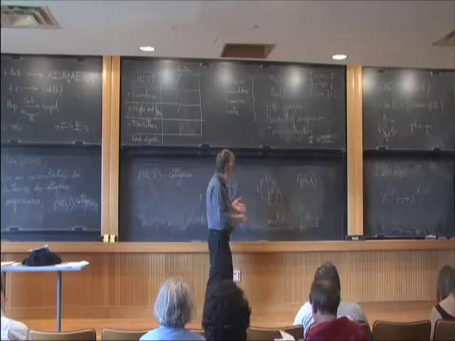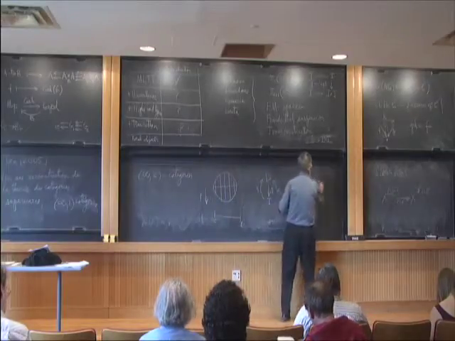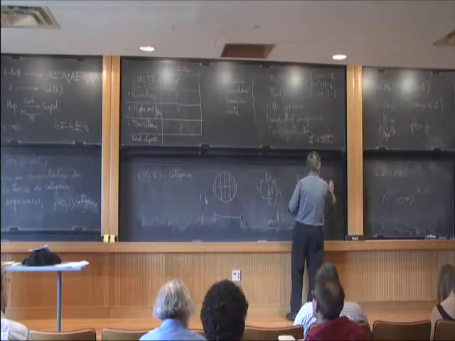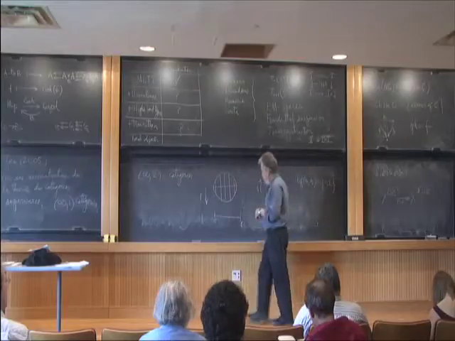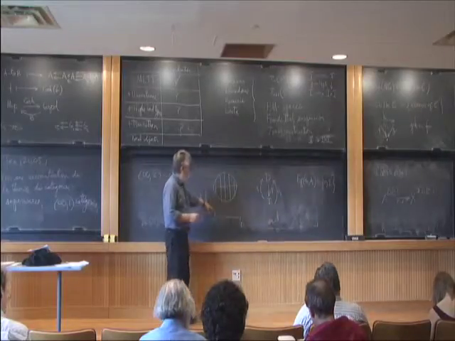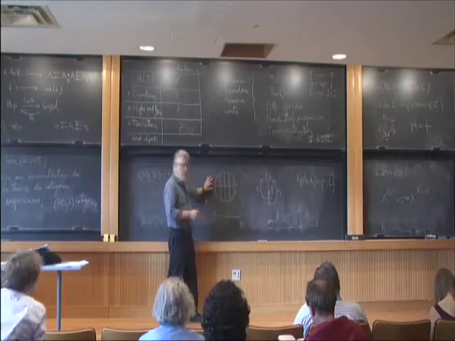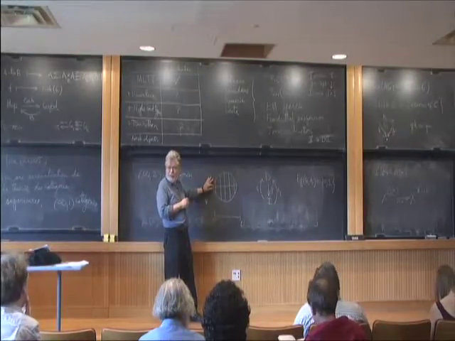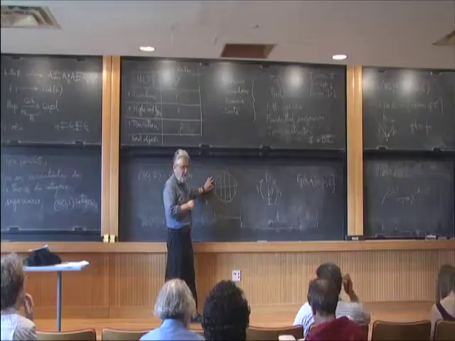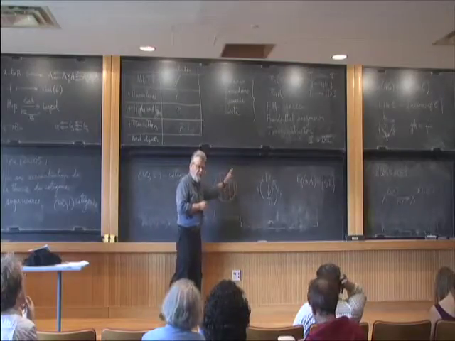We are in H sets. That should be 0, 1. In other words, the 2 sections, or this family of intervals, degenerate exactly at the endpoints. Exactly. Okay.